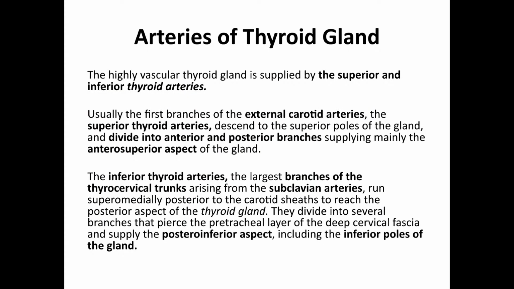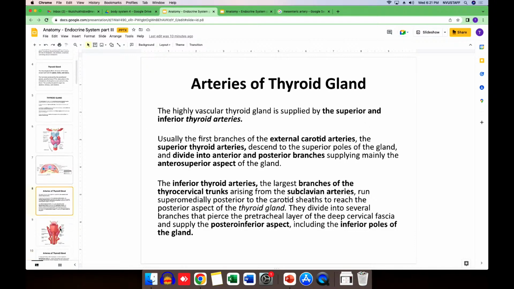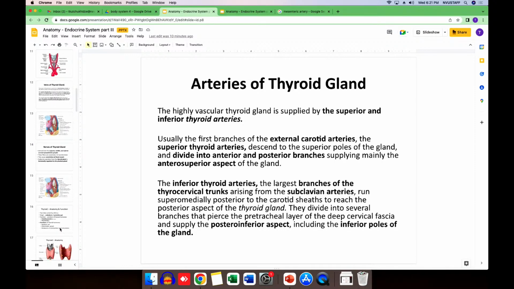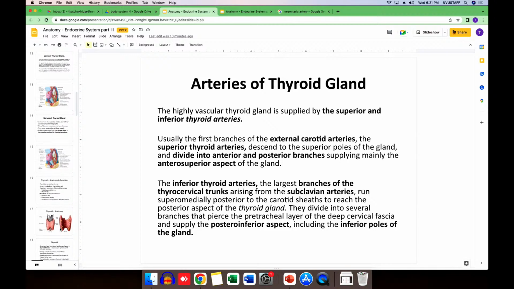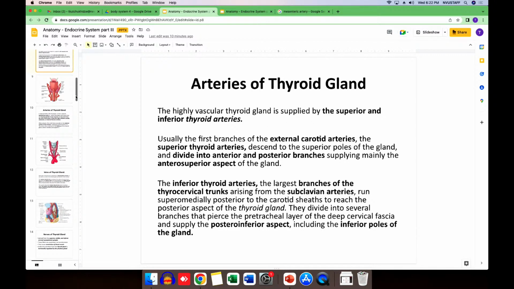Okay, talking about the arteries of the thyroid gland. The thyroid gland is highly vascularized, as for example, as we already mentioned, the suprarenal glands. Here, I want to show you. So we have the superior and inferior thyroid arteries, right?